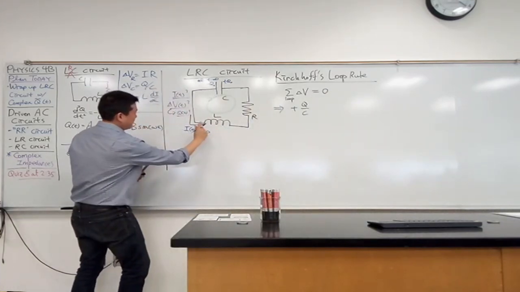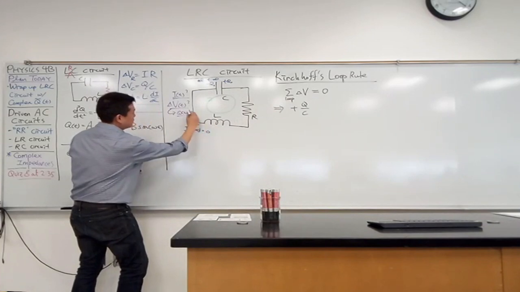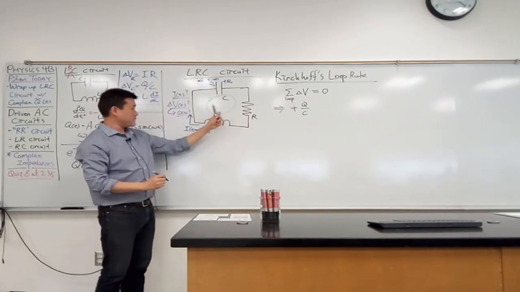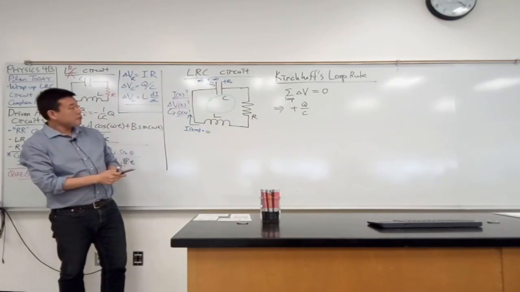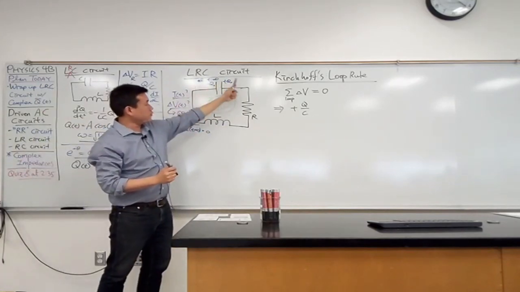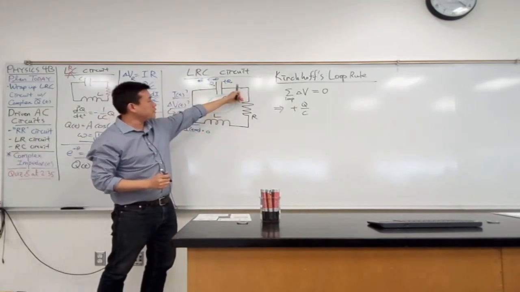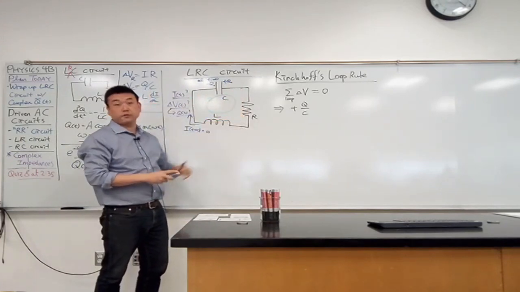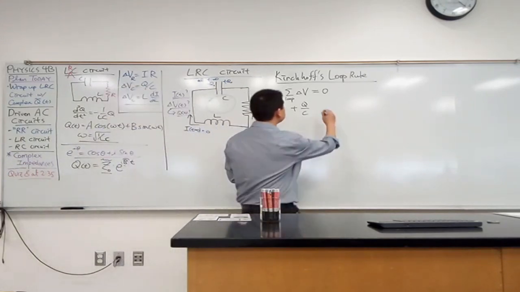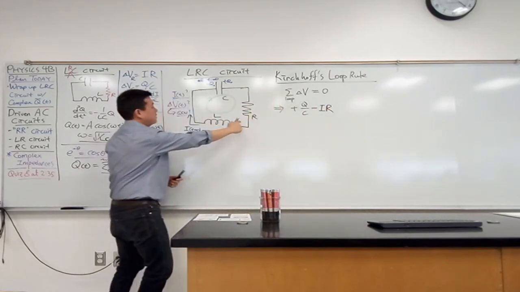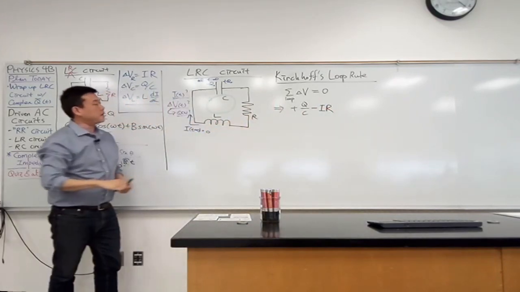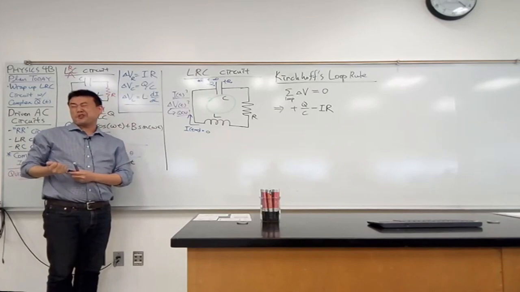Let me not confuse myself and flip this around so that the direction of the loop is the same as the direction of current. So as the positive current flows this way, the voltage across the resistor will be a voltage drop. So minus IR.